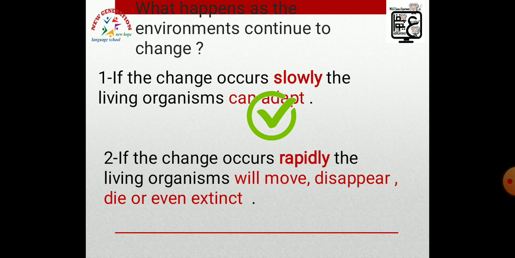And if the change occurs rapidly, the living organisms will move, disappear, die, or even become extinct. So number one, slow change, and number two, rapid change.